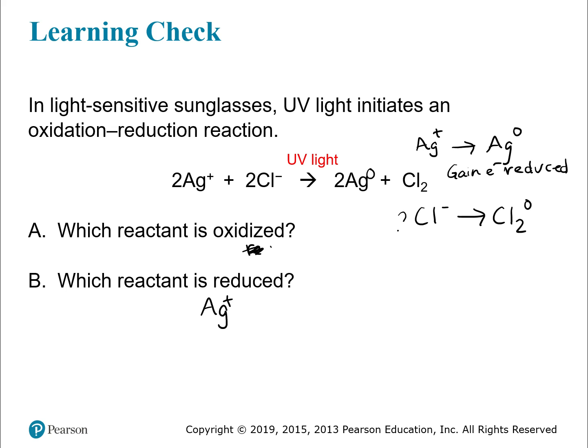When we go over to chlorine gas, which has 2 chlorines together as a molecule, there's no charge. So they must have lost some electrons. That chlorine ion was oxidized. So make sure that makes sense to you, because you'll need to do that kind of thing in an exam setting and for your homework.